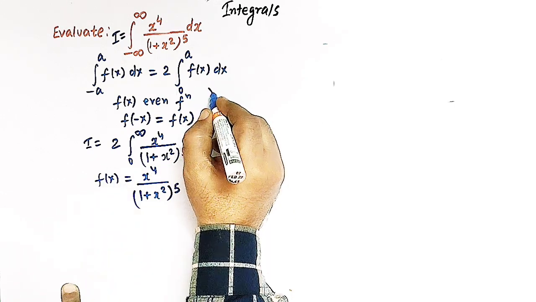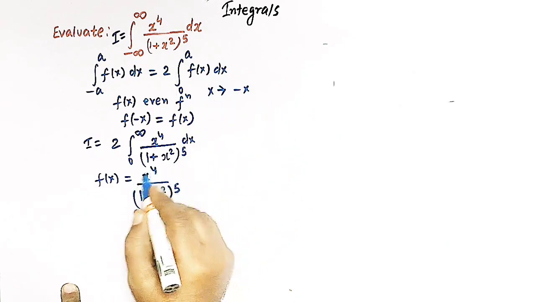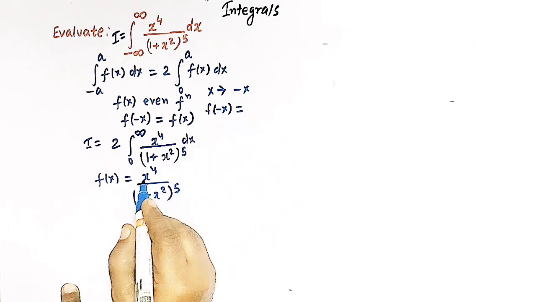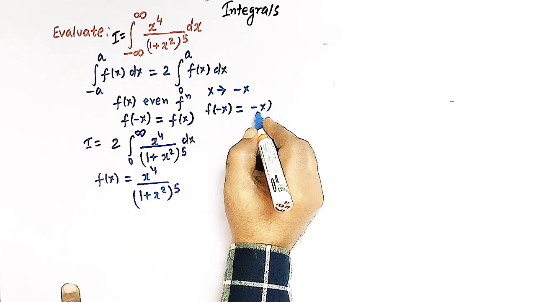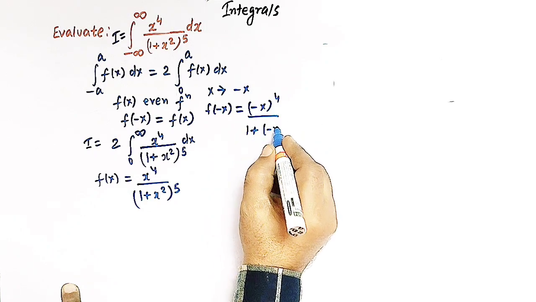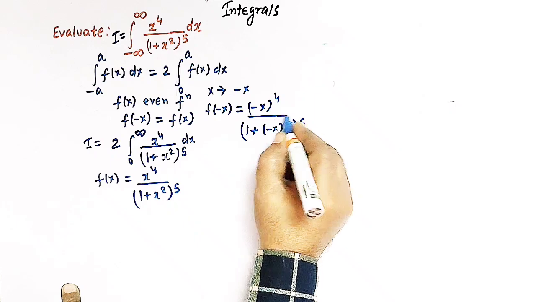If we replace x by minus x, then f of minus x is equal to (minus x) raised to 4 over (1 plus (minus x) square) raised to 5.